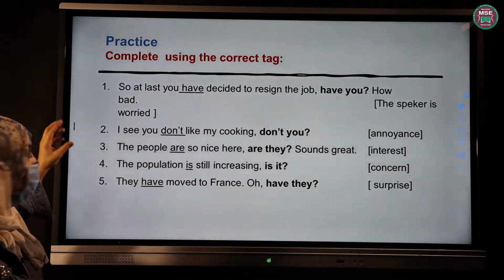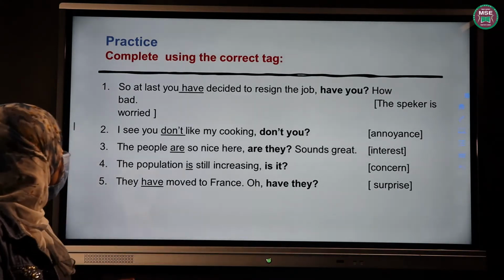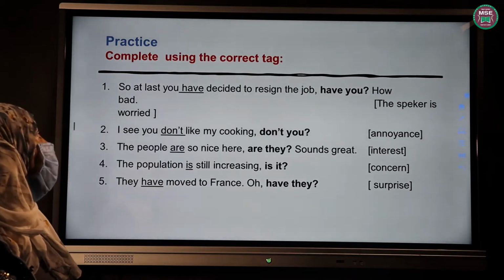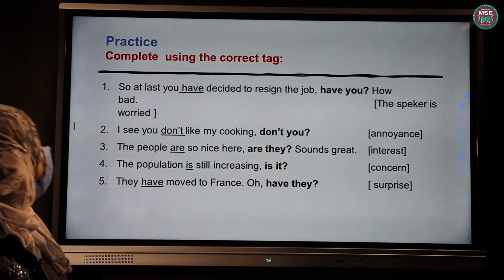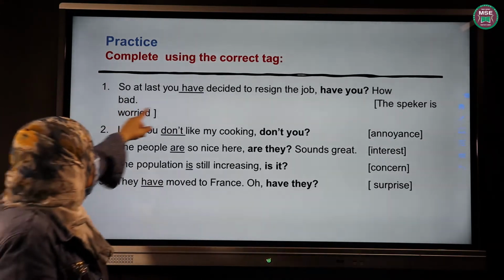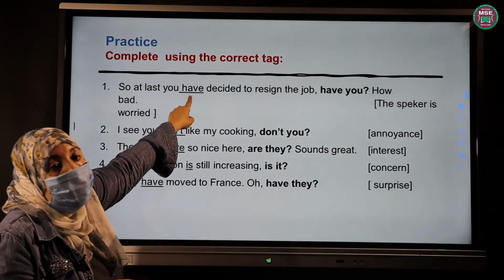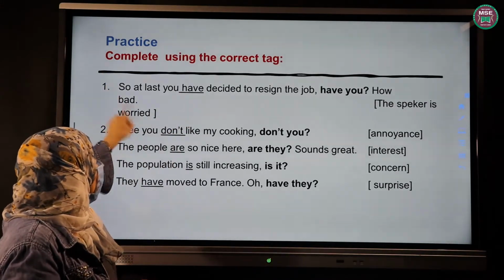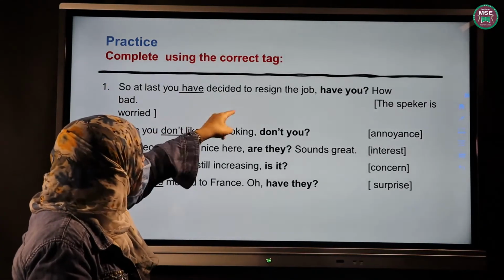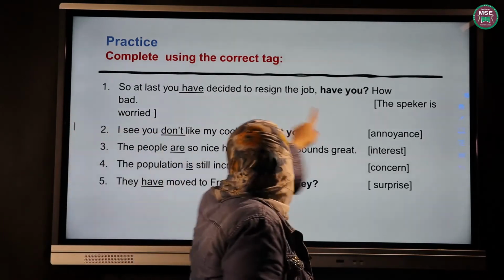So, remember, so at last, you have decided to resign your job. How bad? I put here, this is the verb in the statement, right? So, at last, you have decided to resign the job, to leave your job. Have you? How bad?